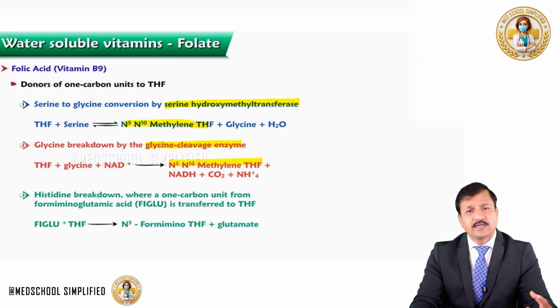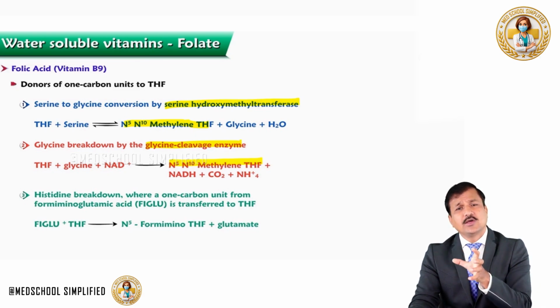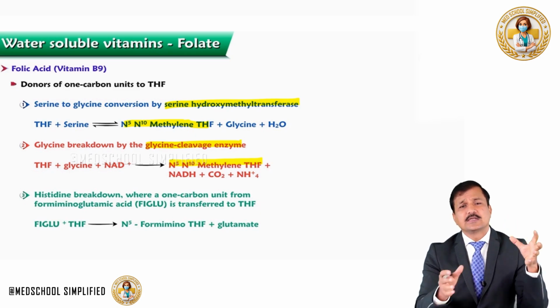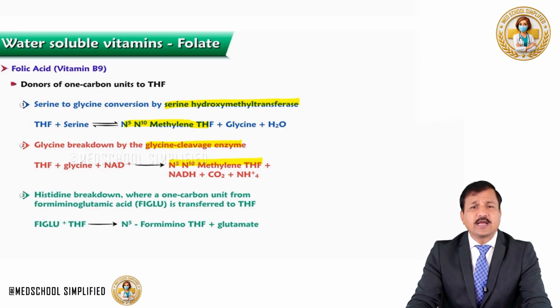This is how N5,N10 methylene tetrahydrofolate is formed. Basically, the breakdown of glycine, deamination of glycine here, is going to give N5,N10 methylene tetrahydrofolate, because the alpha carbon of glycine is the one that is attached here to tetrahydrofolate.